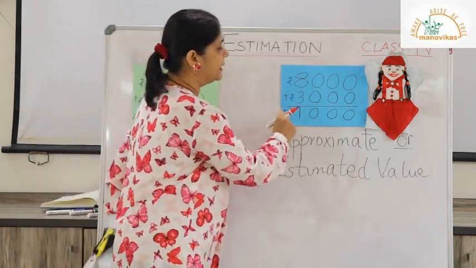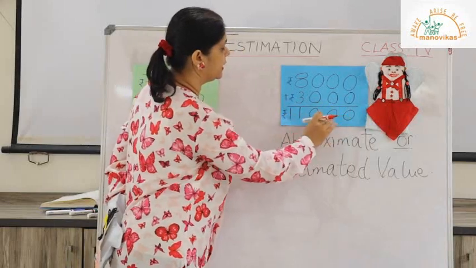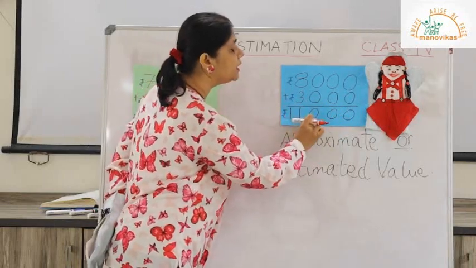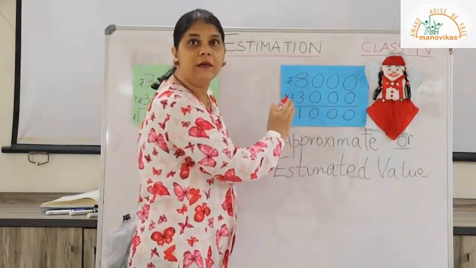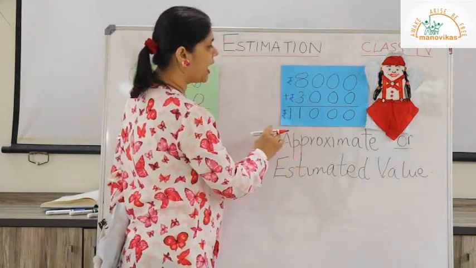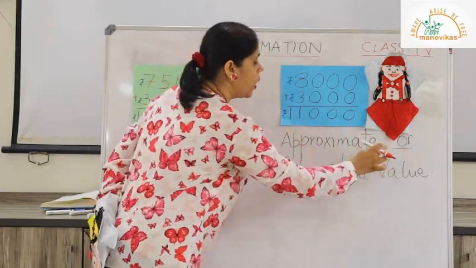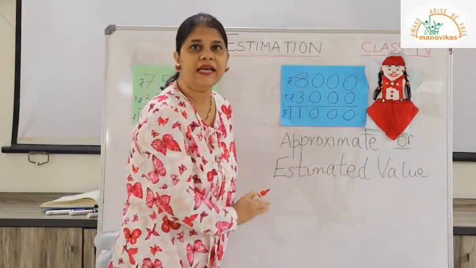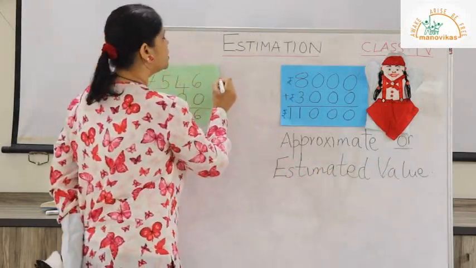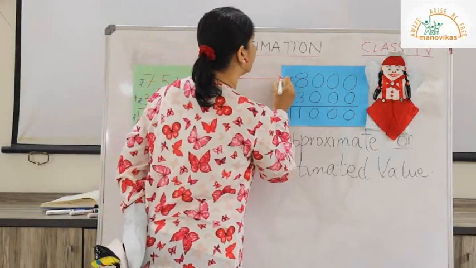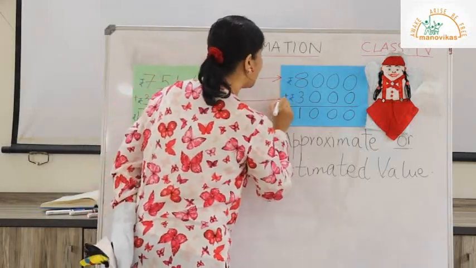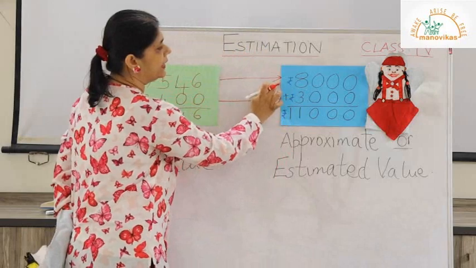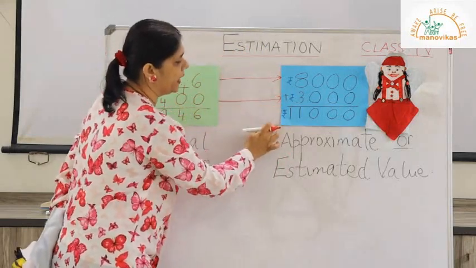The answer that Tina has got, that is rupees 11,000, is also correct, but that is called the approximate or the estimated value, which she has got after she has rounded up the price of the computer and the price of the printer and then adding them up together.